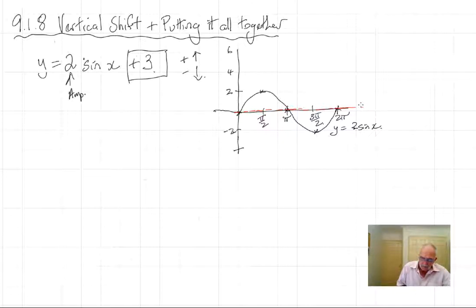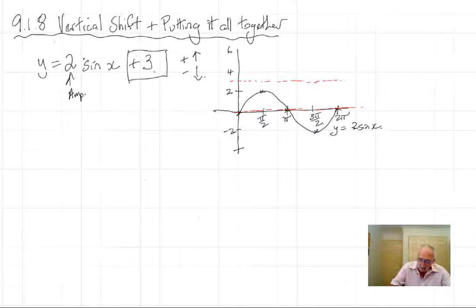So in order to draw this, it's sometimes better to just think where the equilibrium line is. Plus 3 is going to move the equilibrium line up 3. So 3 is going to be here. My new graph of y equals 2 sine x plus 3 is going to oscillate above and below that line.